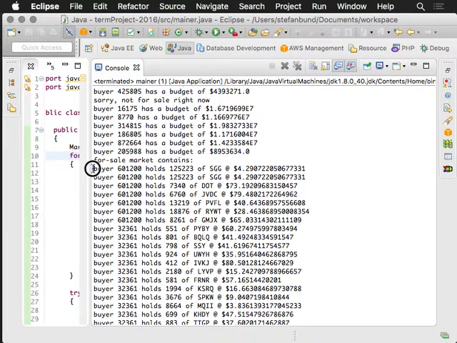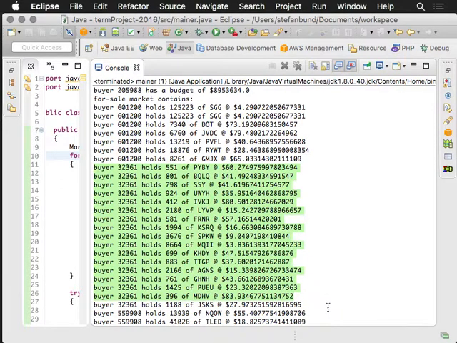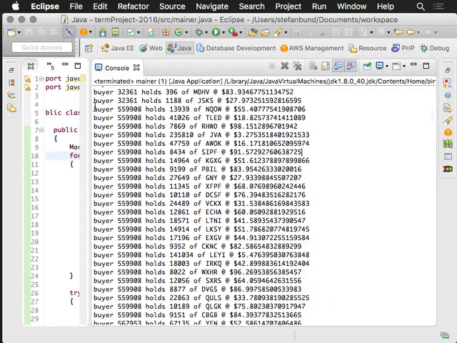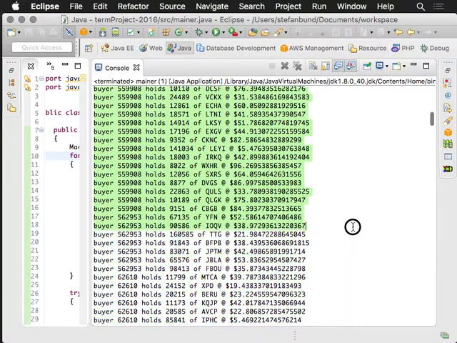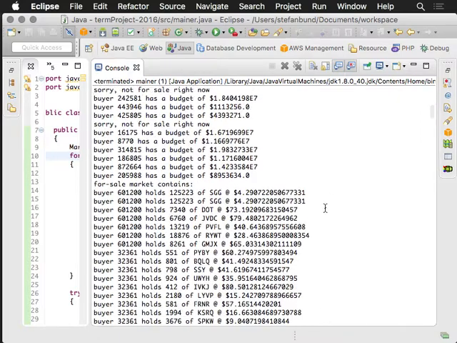And we iterate through the entirety of that person's portfolio. And then we go to the next buyer. And we look at all the holdings that that person has. Now, these are shares that the person bought at one time and then they now have put up for sale. So there's quite a few holdings there. There can be as many as 25 holdings per buyer. And this is what these buyers have chosen to put up for sale.